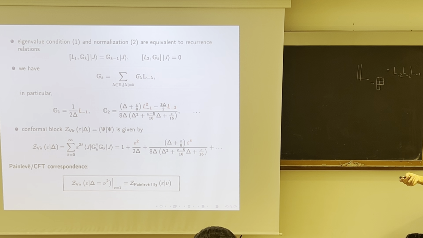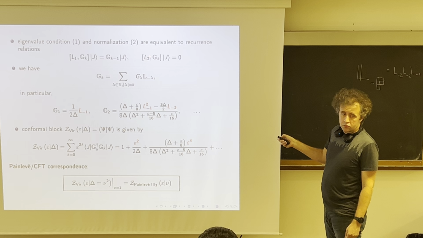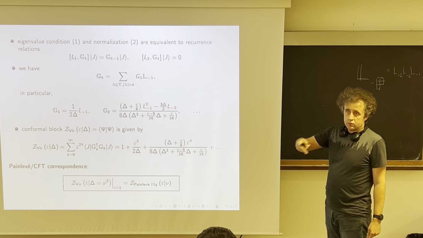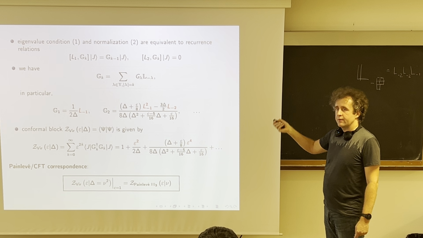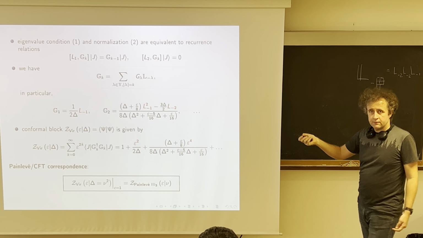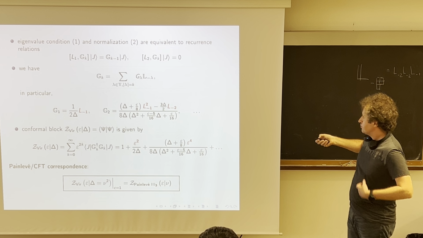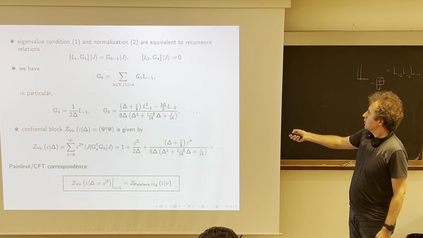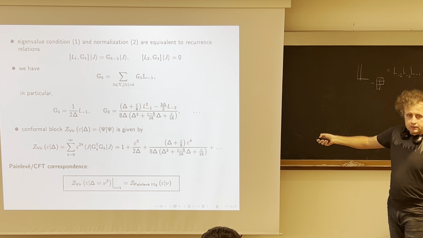There are only two of them because L1 and L2 generate the whole of Virasoro. So you don't need L3, L4, and so on. These are satisfied automatically. And then you just look for this sum of Virasoro monomials in some form.